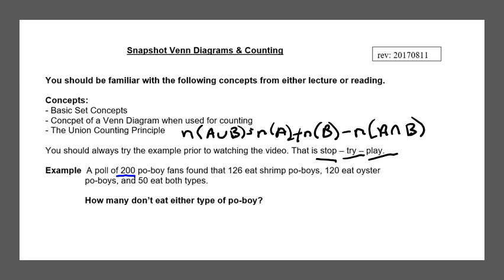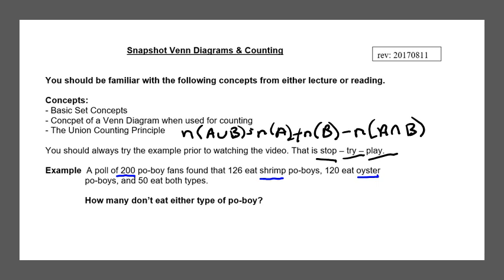And we are classifying these fans by whether they eat shrimp po' boys and/or oyster po' boys. That's the concept of a set. Sets take objects and categorize them. That is, they label them, right?